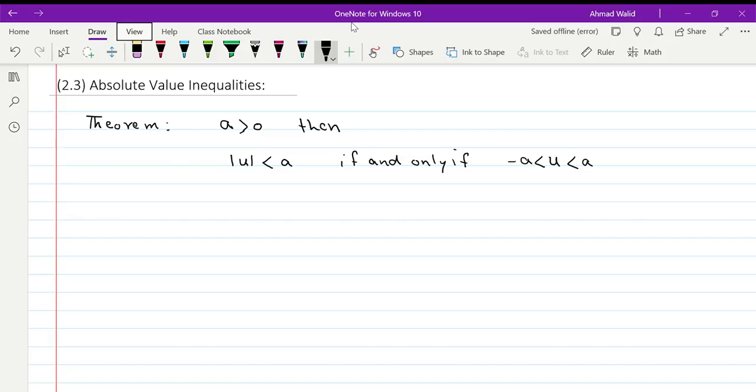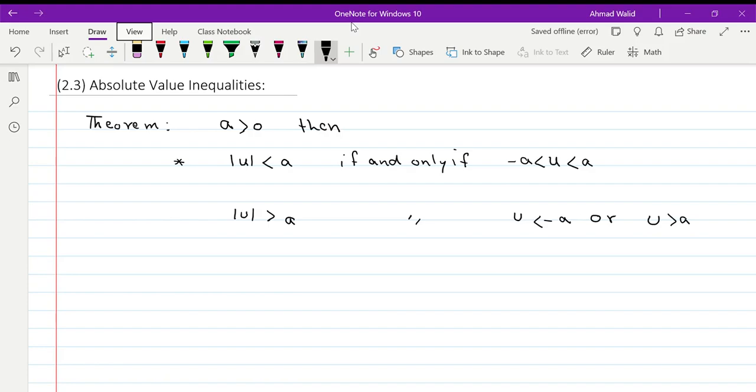And in part 2, if I have the absolute value of U greater than A, if and only if it's happening if U is less than negative A or U is greater than A.